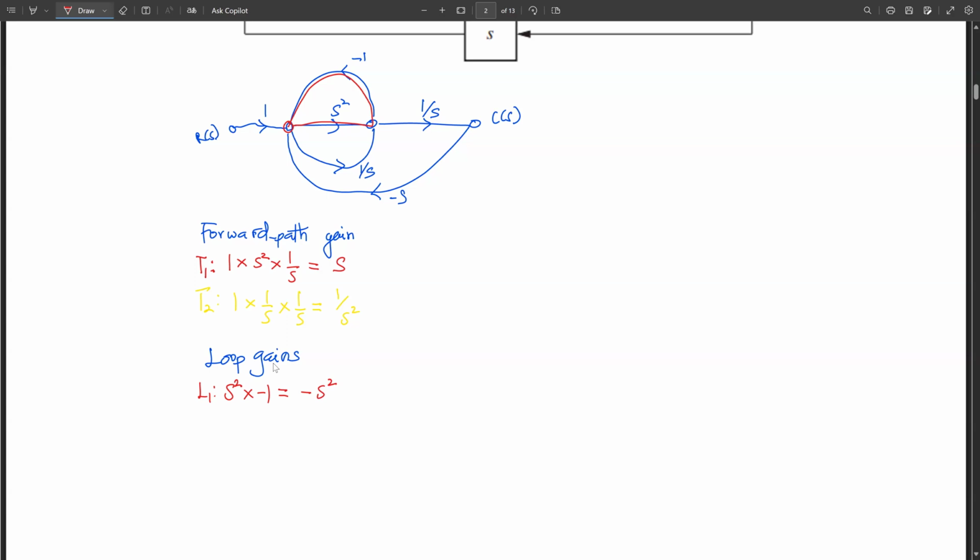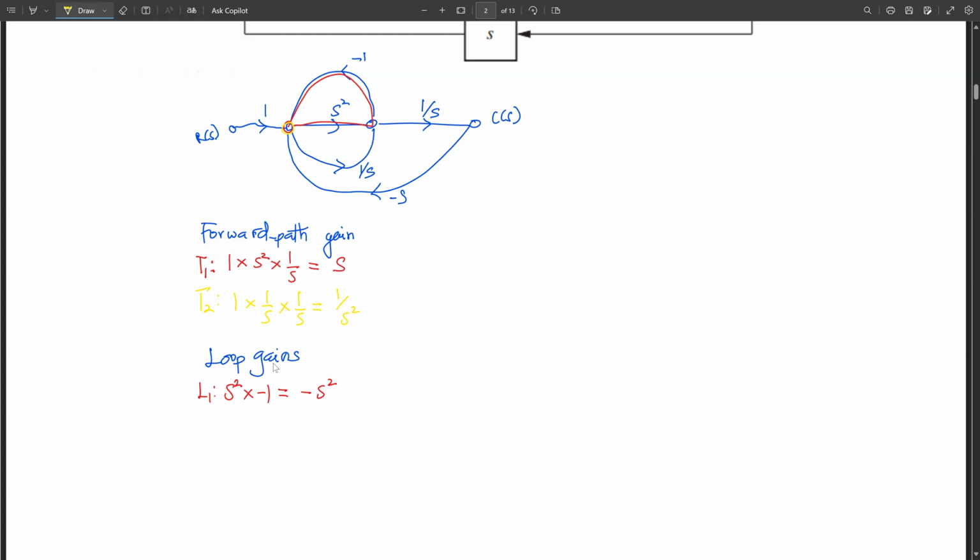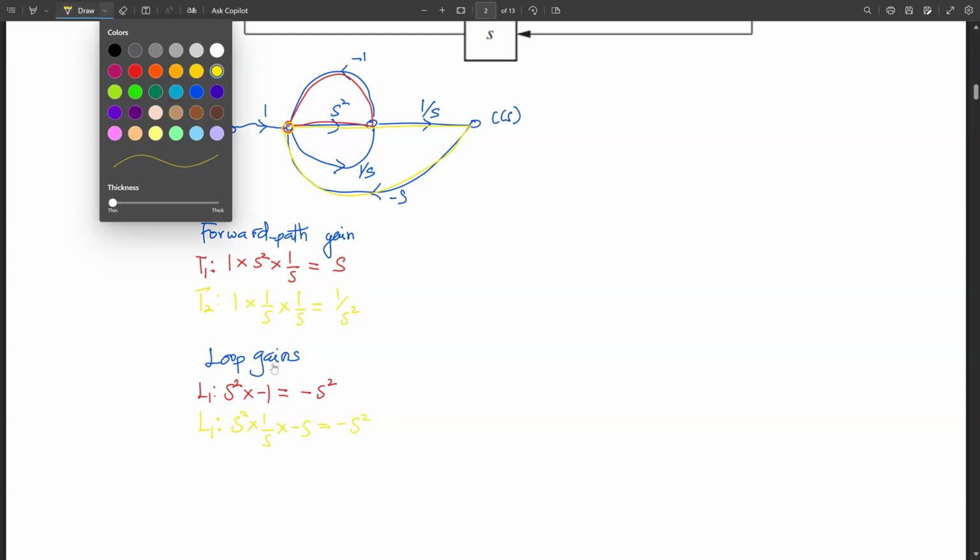Now, the second loop is I start from the same node here. I follow the signal flow, and I come back here, right? So my second loop gain is going to be S squared multiplied by 1 over S multiplied by minus S, and I get minus S squared. Now my third loop is a little bit tricky. You just have to look closely to see.